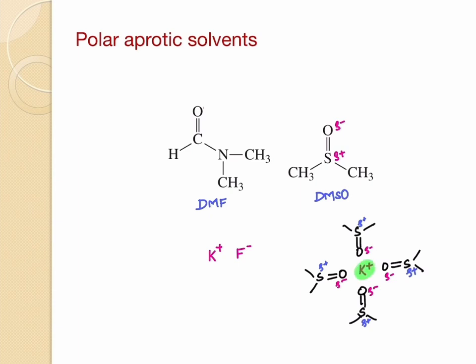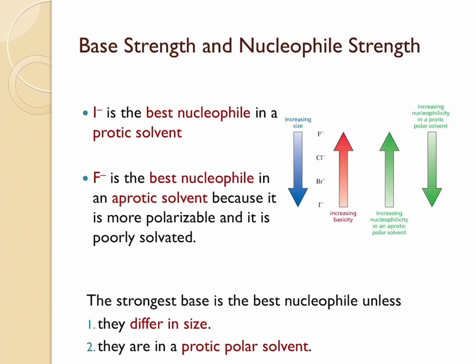So this is how it's going to be. And because the cation is trapped, the nucleophile is now freely available, and therefore it can act as a better nucleophile in a nucleophilic substitution reaction. On the whole, we can conclude that I minus is the best nucleophile in a polar protic solvent because I minus is weakly solvated because of weak ion dipole interactions.